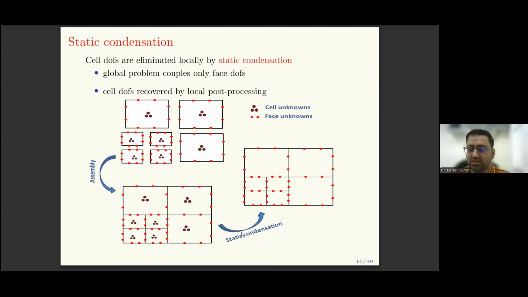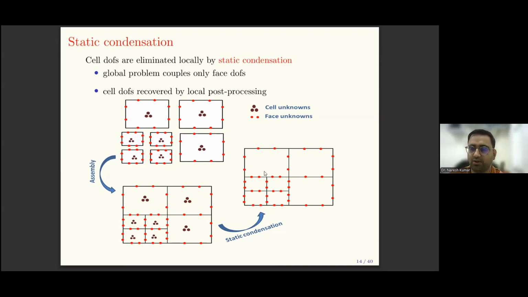Using the static condensation process, we first remove the interior degrees of freedom, and first we work only on the face degrees of freedom or edge degrees of freedom. And here you can see that the red dots are fewer than the interior dots.